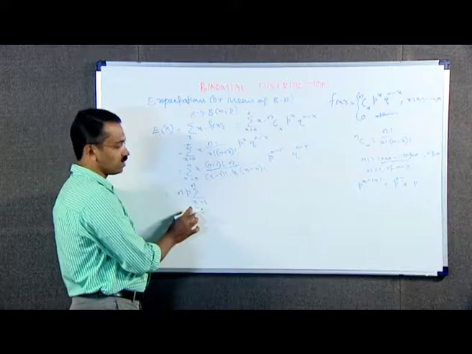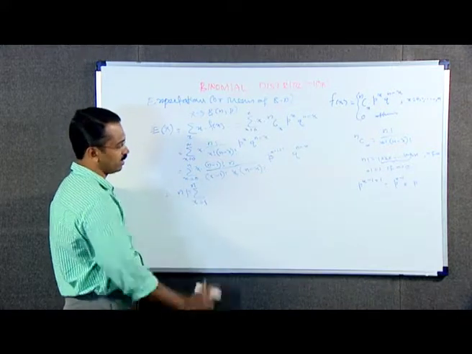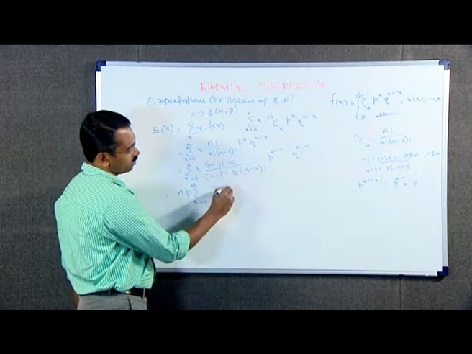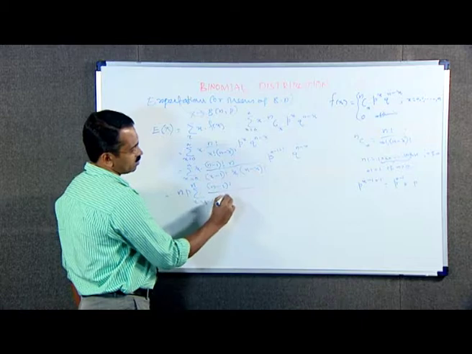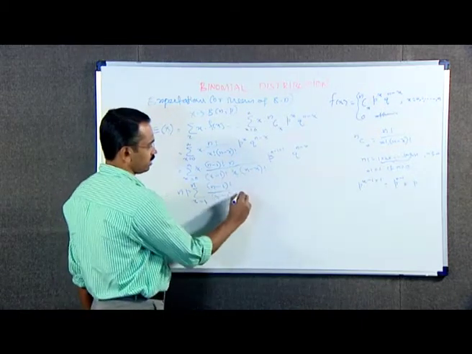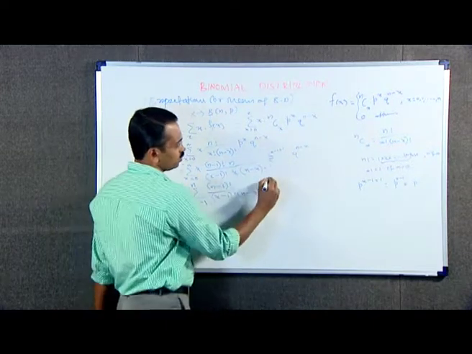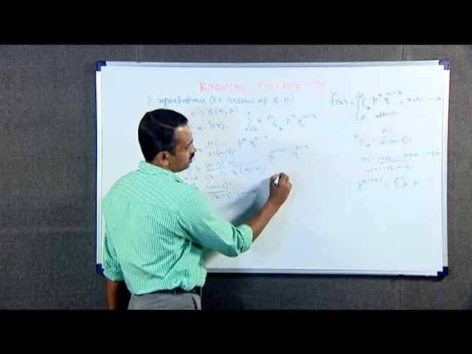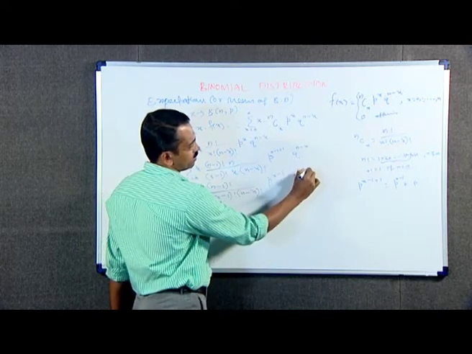Therefore, E of x is equal to n p into summation x varies from 1 to n, n minus 1 factorial divided by x minus 1 factorial into n minus x factorial, here p raised to x minus 1 into q raised to n minus x.